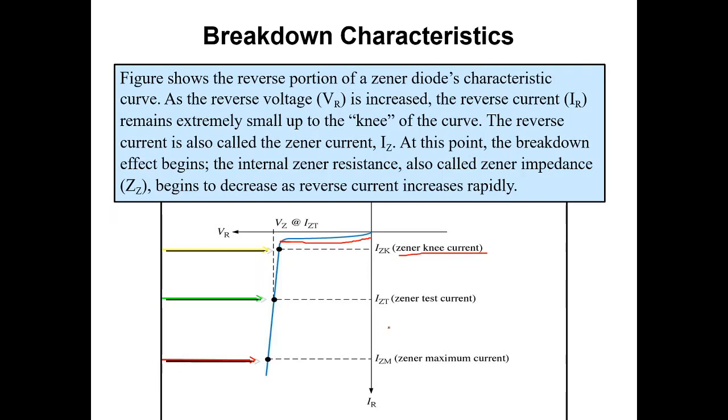The reverse current is also called the Zener current. At this point, breakdown effects begin, the internal resistance, the Zener impedance, is indicated by Z, and the reverse current increases rapidly.